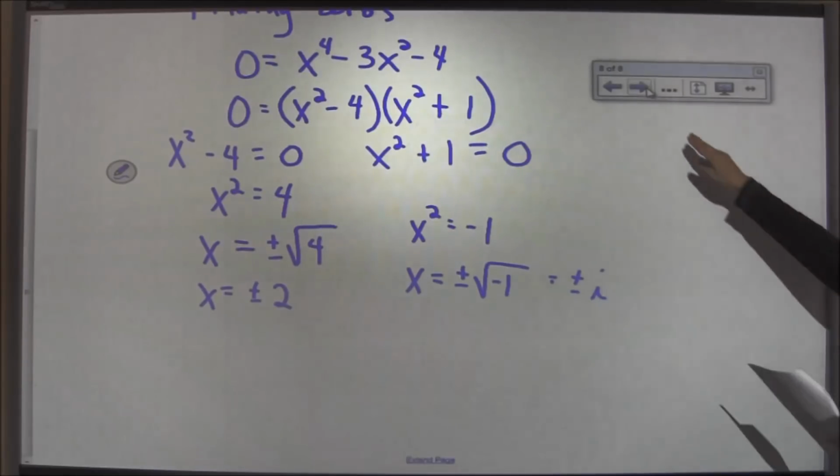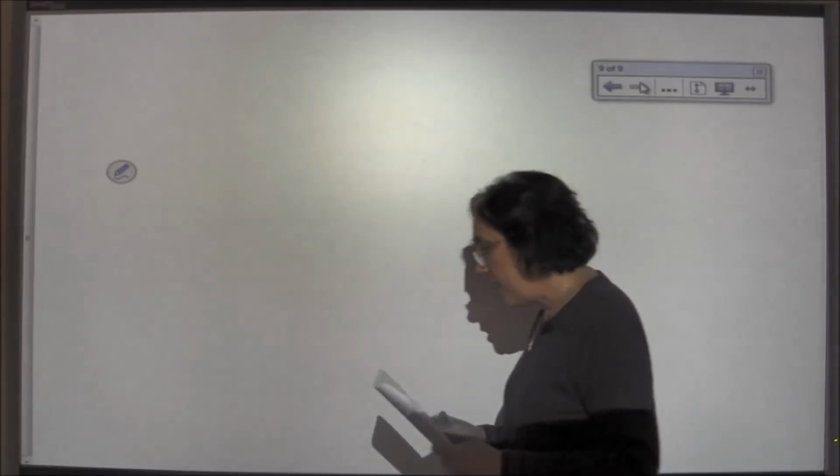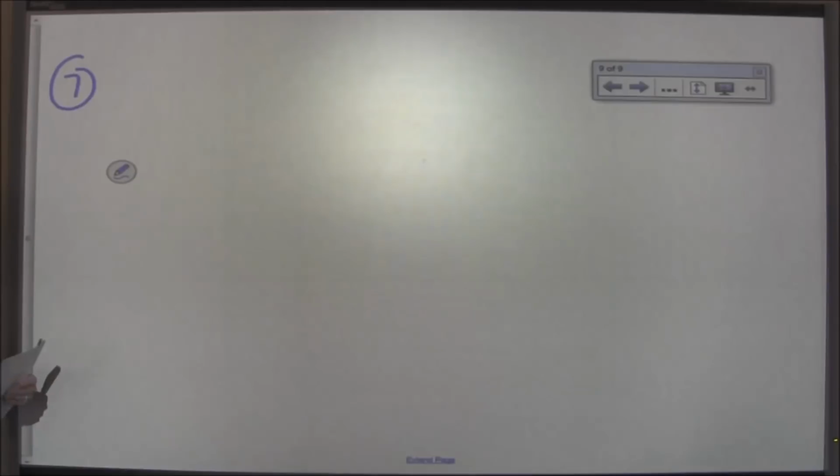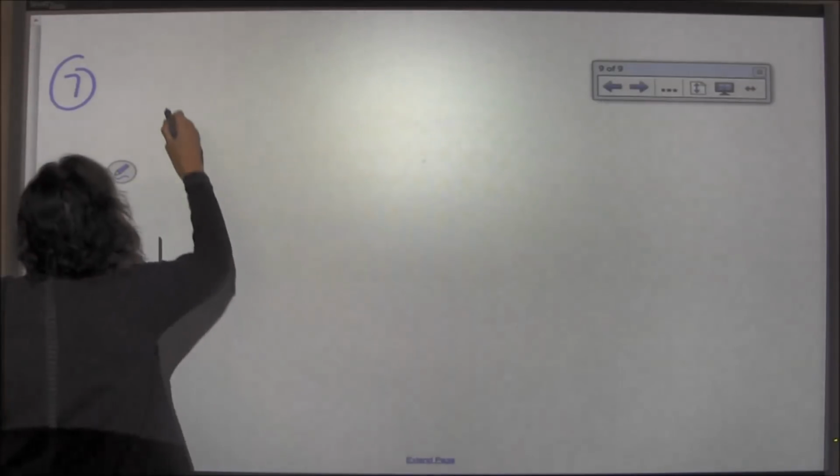Okay, number 7. Even though I could use my calculator on number 7 and find the minimum, I'm not going to do it that way. Because I want to make sure everybody knows how to find the maximum or the minimum for a quadratic. Because you do not have to use your calculator to do that.